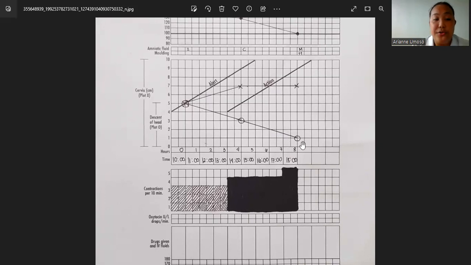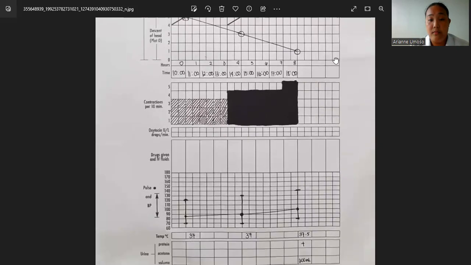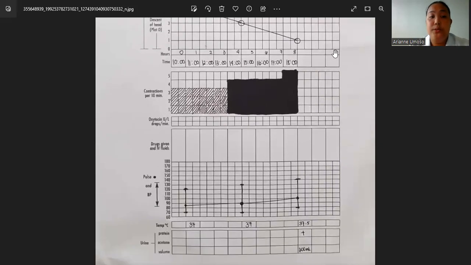Next is the contraction per 10 minutes. Upon admission, in the first 4 hours, there are 3 per 10 minutes, and it is shown with diagonal lines because the contraction lasts between 20 to 40 seconds.